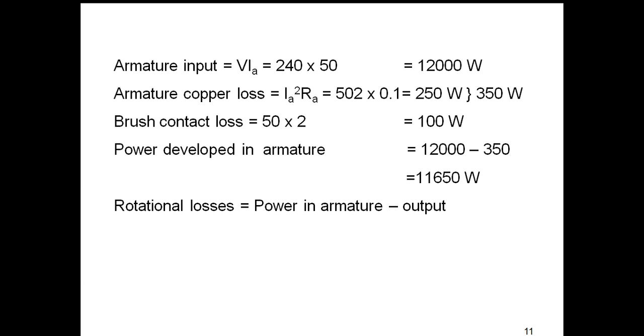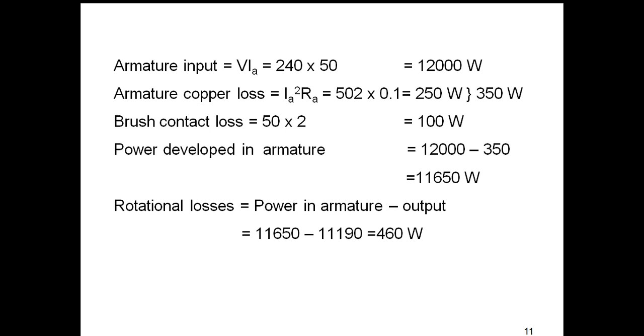And to find the rotational losses, we can do B minus C, that is power in the armature minus the shaft output.